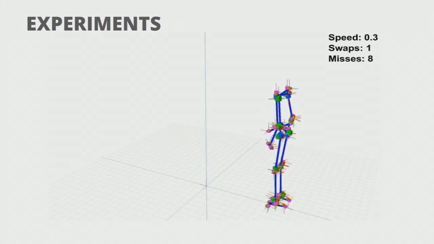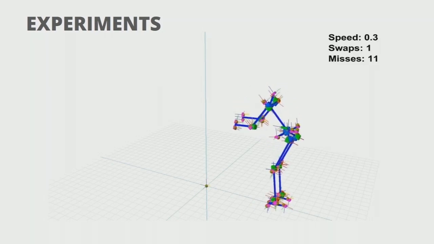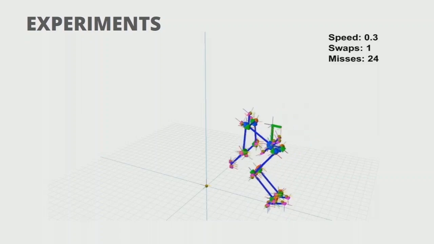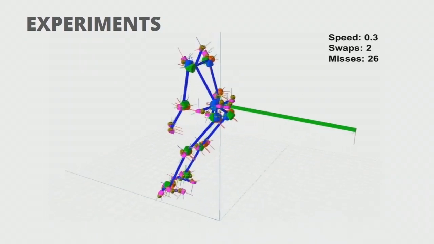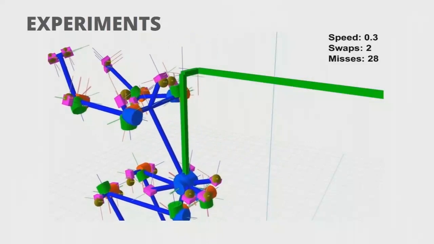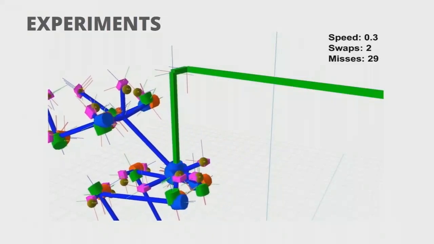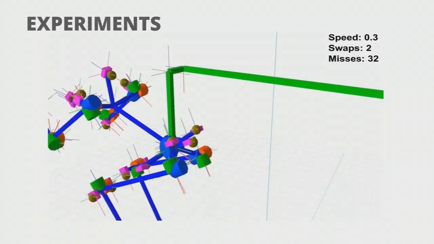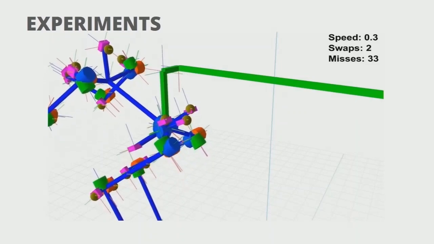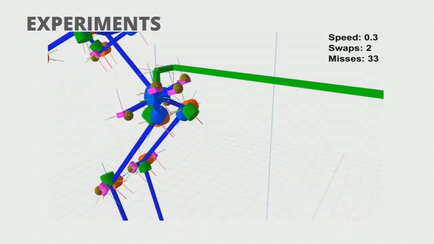Here is that same motion, but now using the probability of the filter to reject outliers and deal with marker mislabeling. You can see in this case, we can generate a much smoother and more realistic looking motion, even though we have these occlusions.